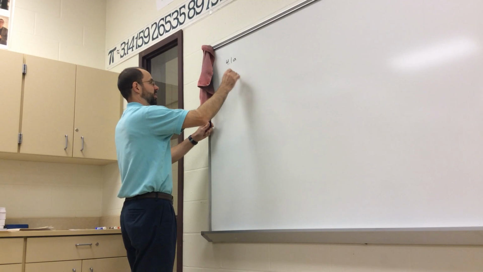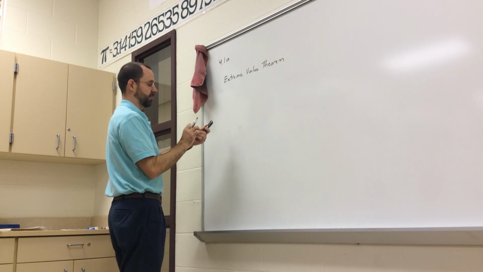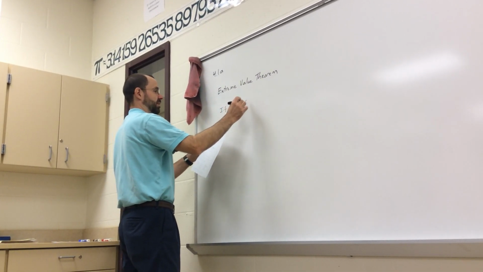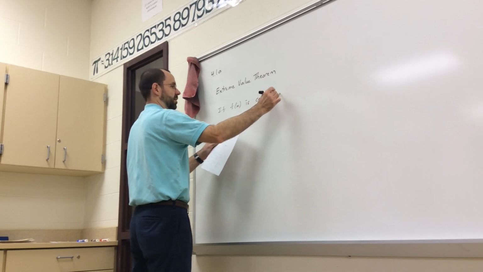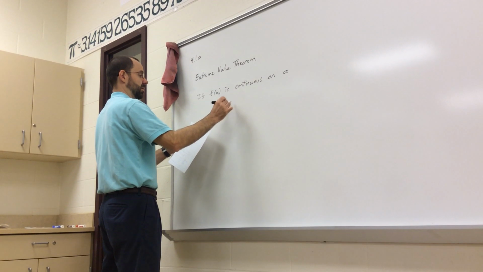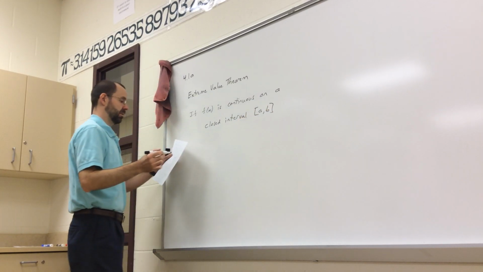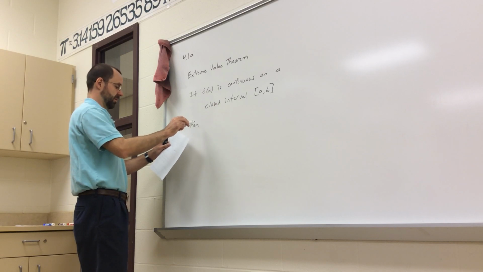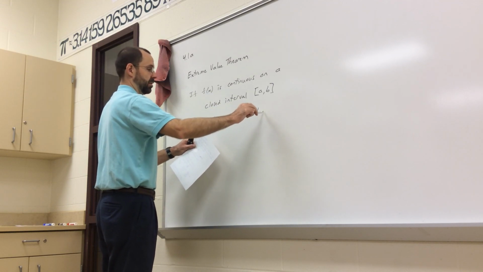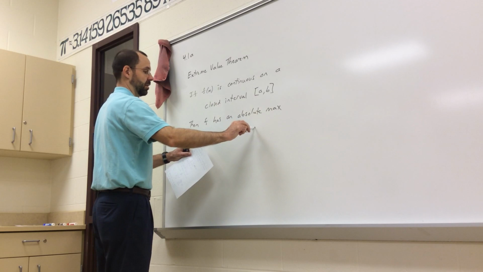So we're starting out with a theorem called the extreme value theorem. And this theorem says if f of x is continuous on a closed interval [a, b], then f has an absolute max and an absolute min on the interval [a, b].